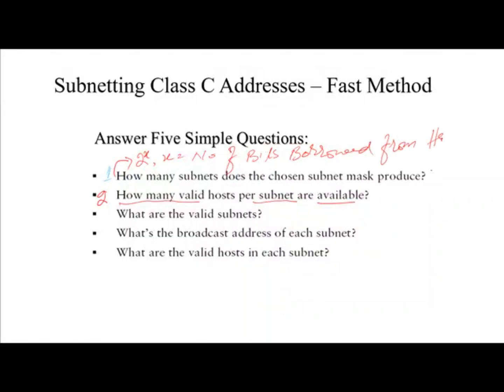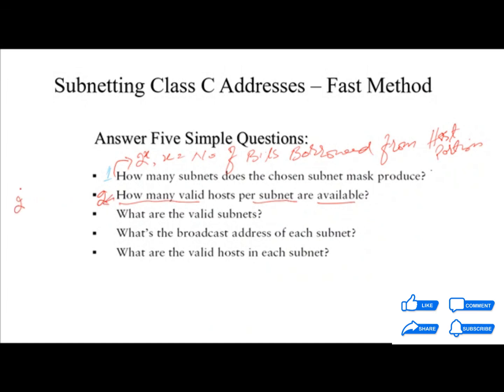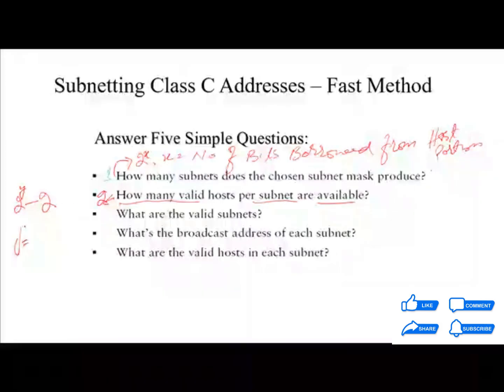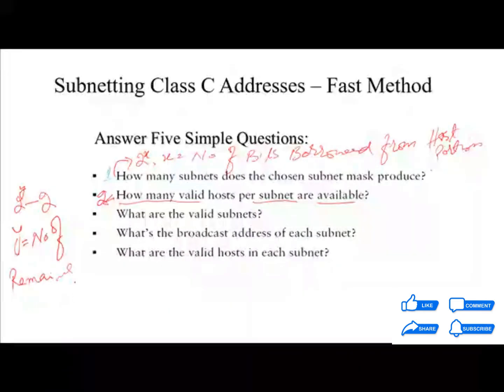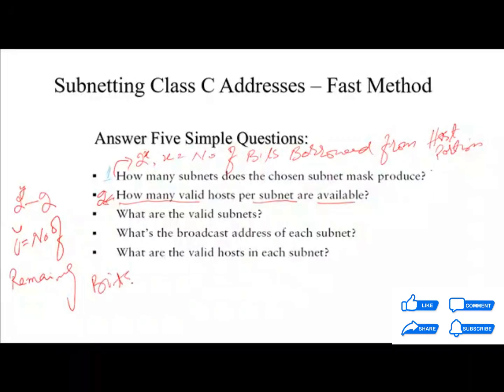From the host portion of the IP. Now for the second question, we have the formula 2 power y minus 2, where the y variable means the number of remaining bits in the host portion. That is the value of y, and we will put that in the y.